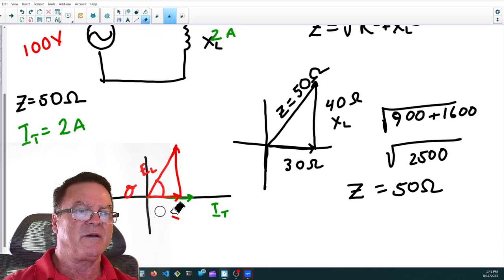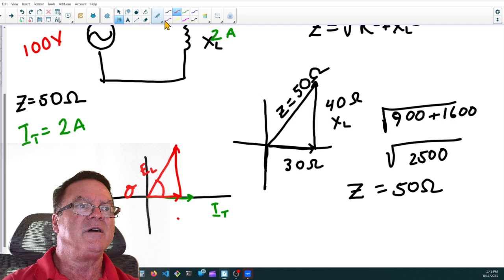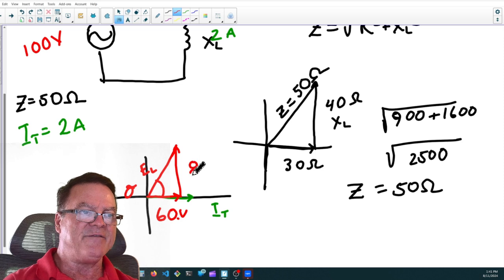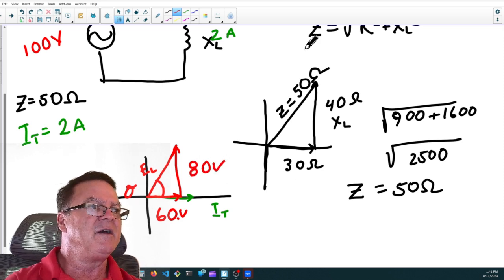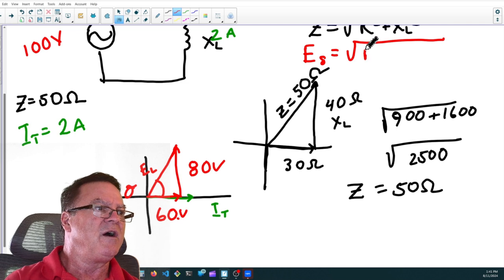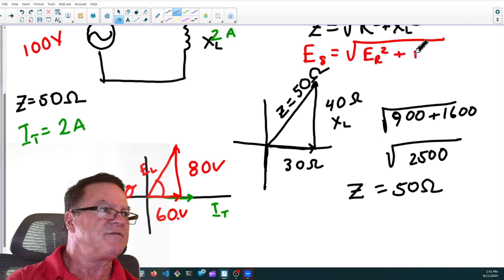Vectorially speaking, I have 60 volts dropped across my resistor and 80 volts dropped across my inductor, and my source or total voltage equals the square root of voltage drop across the resistor squared plus the voltage drop across the inductor squared.